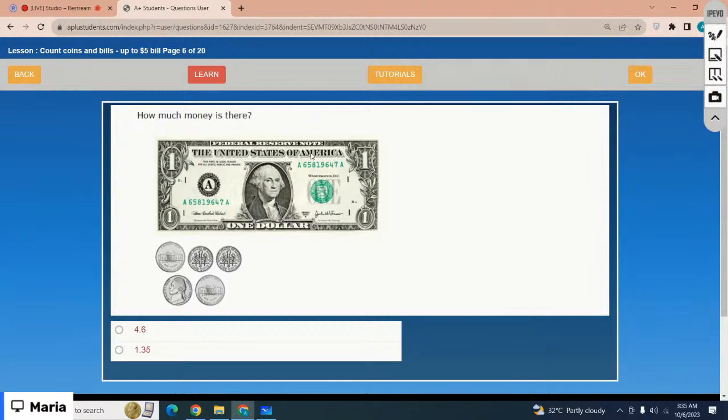You have to count them by tens, right? Only two of the dimes, right? That means that is 0.20. Then you have one, two, three of the nickels. You need to count them by fives. So you have 1.20, 1.25, 1.30, and 1.35. The correct option is 1.35, right?